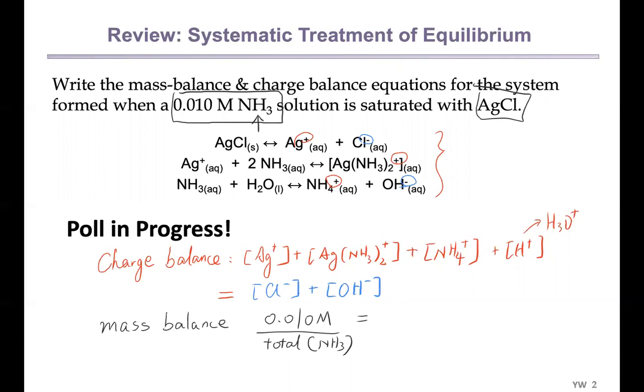If we're looking at the possible reactions going on, we have ammonia and ammonium, this one, and this one, right? This complex ion also has ammonia inside. So we have three different forms, which means that we will write them like this. Anything missing here?